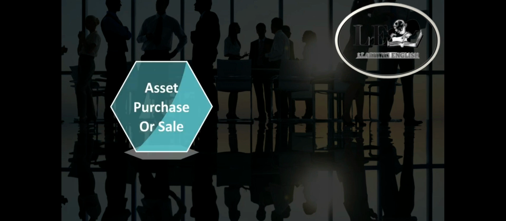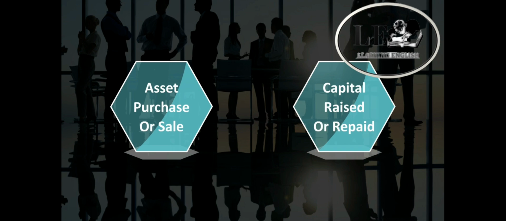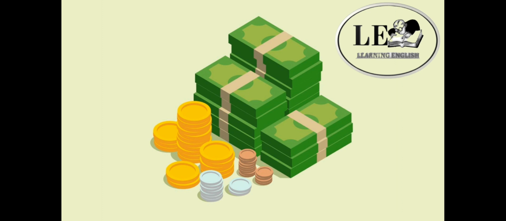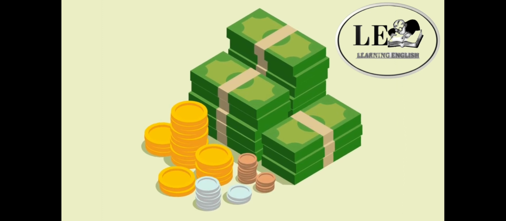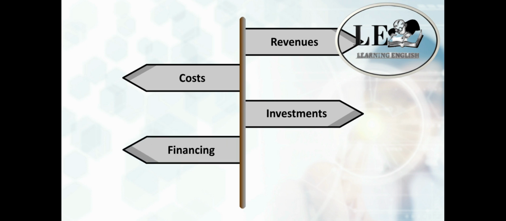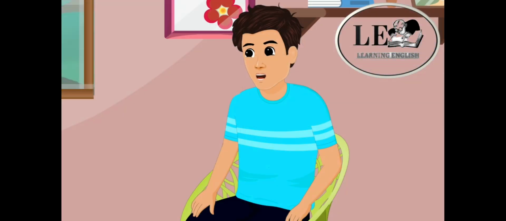The P&L statement also excludes any asset purchases or sales, as well as any capital raised or repaid. A business cannot survive for long without cash. The statement of cash flows fills this gap. Cash flows keep track of cash-related revenues, costs, investments, and financing, and report the additional cash generated or used by a business every period. So, ultimately we can see that cash is king.